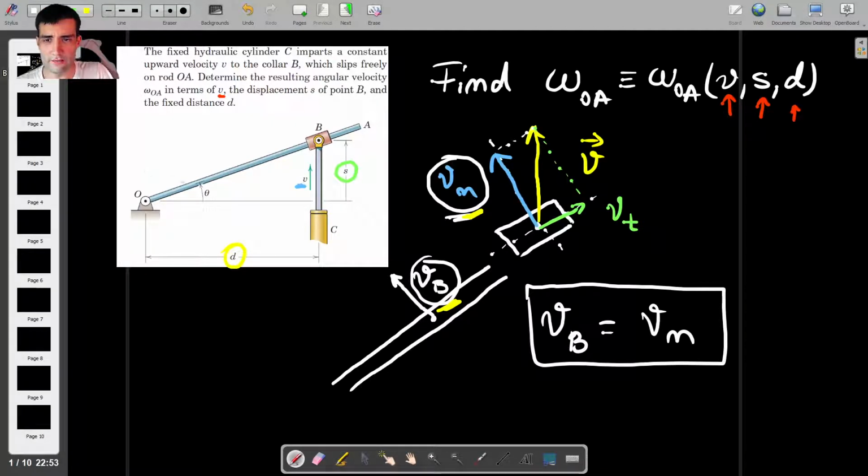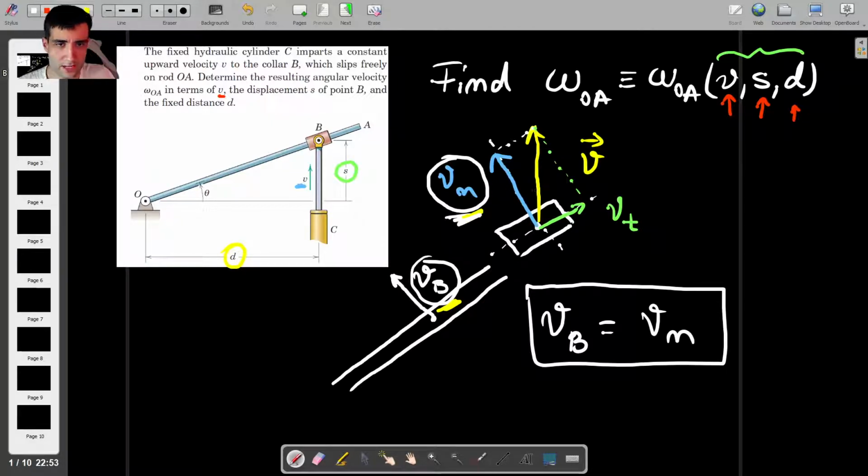So we have an angle theta, but keep in mind we don't actually know what theta is. It's given to us on the diagram, but the question asks us to find the angular velocity based on only those three things. So we're going to deal with theta separately, but before that, let's try to find Vn.